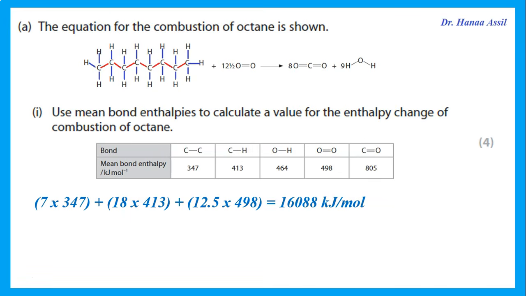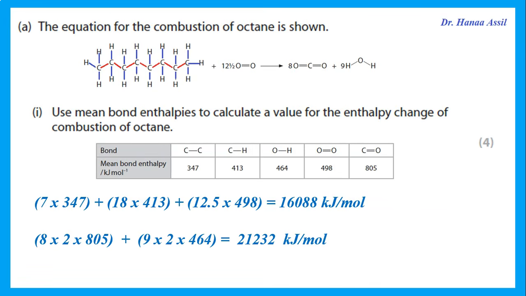This is the total amount of energy needed to break the bonds in the reactants. So this is a positive value. This is energy that we need to add to break the bonds. Now, in the products, we have 8 carbon dioxides, but each carbon dioxide has 2 C=O bonds. So that is 8 times 2 times 805, plus how many O-H bonds do we have?